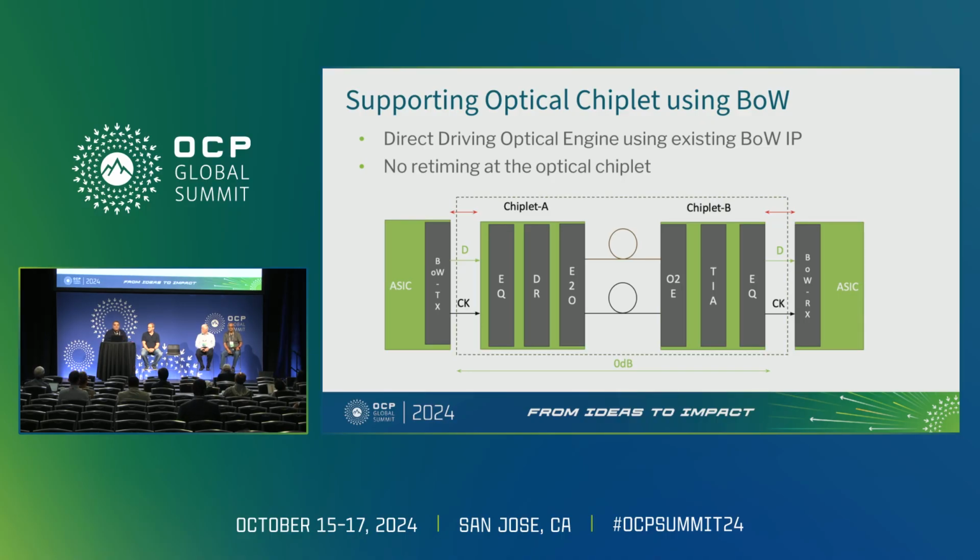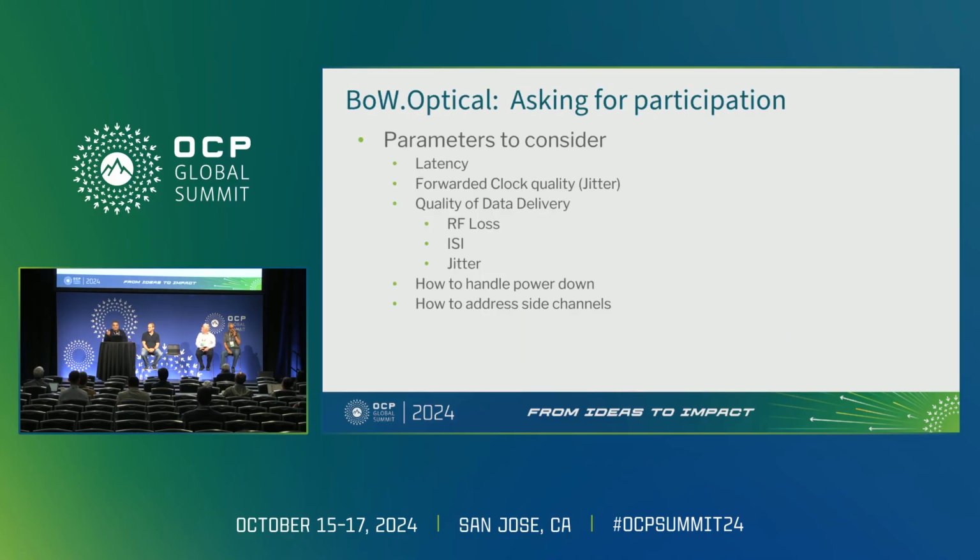Of course, this is early work. We have to maintain the quality of the link when we pass it to optic and bring it back. Then there are going to be a lot of parameters to consider: latency of the link, forward clock quality, how much you degrade the quality of the clock and the quality of the data, how to handle power down, because some people want to bring down the link or not, and how to address the side channels.